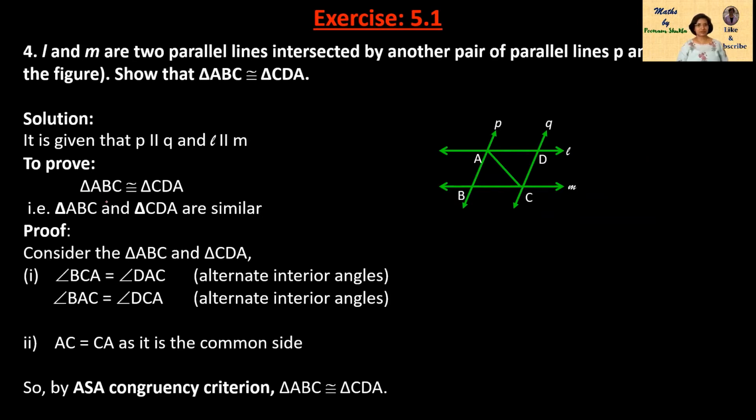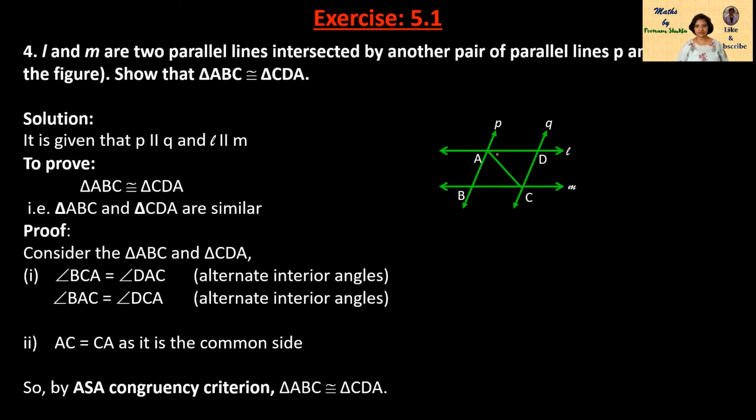So we have to prove that these two triangles, ABC and triangle CDA, are congruent. Consider the triangles ABC and CDA. Angle BCA equals angle DAC. Why? Alternate interior angles, right?